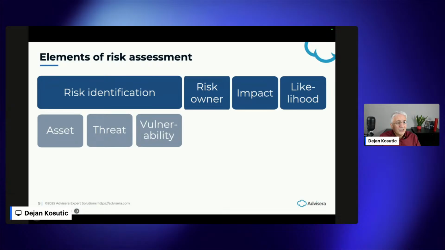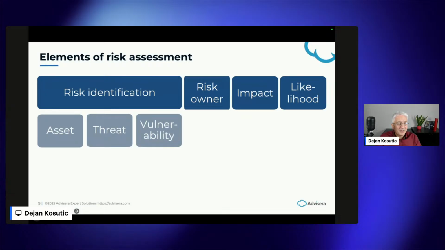So now, if you want to comply with 27001, you can apply any methodology for listing the risks. However, what I see is that in the majority of cases, companies are still using this asset and threat and vulnerability approach, or this is also called asset-based risk management, because it is, I would say, preferred by auditors.